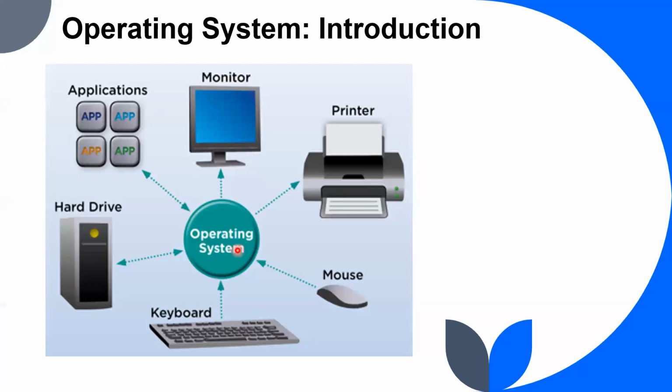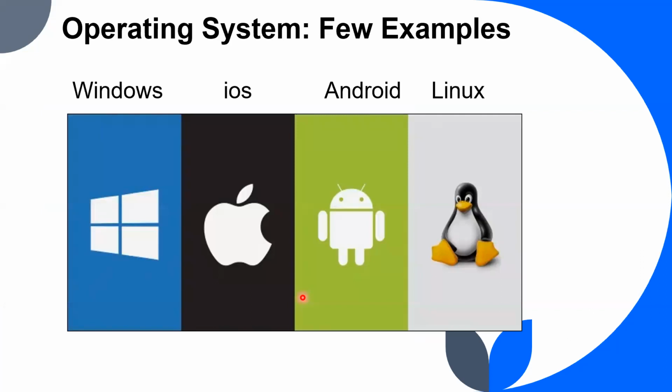So operating system is an important component that makes the user able to use these hardware devices effectively and do the necessary activities. A few examples of operating systems that we use in our daily lives include Windows, iOS, Android, Linux. If you look at the nature of these operating systems, some are specifically used for desktops and laptops.